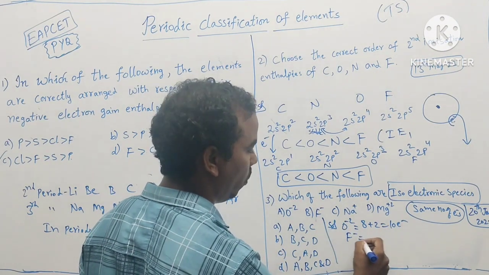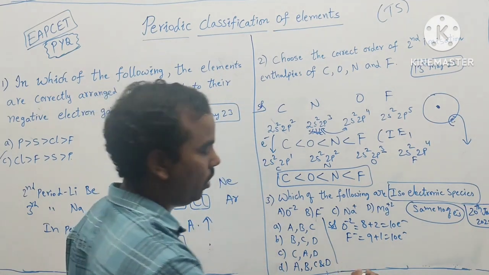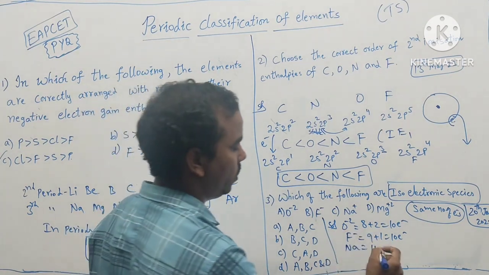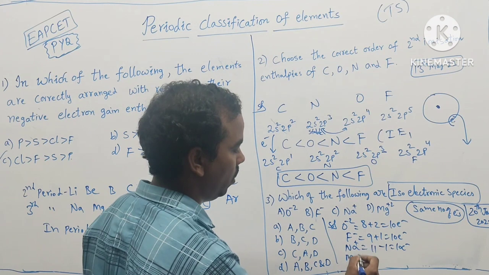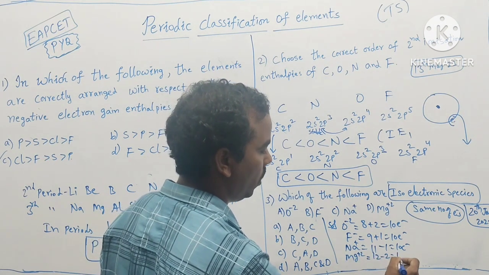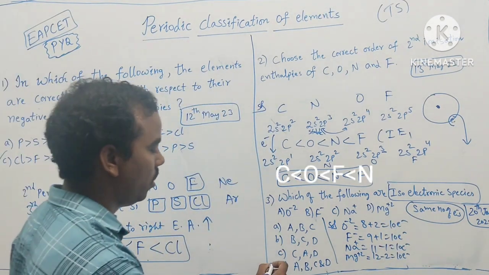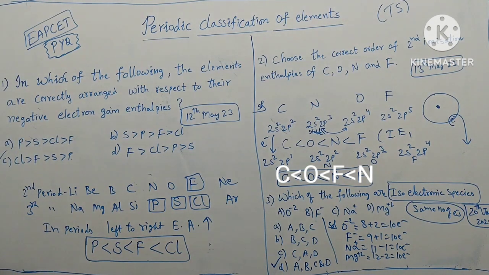F minus: fluorine 9 plus 1, 10 electrons. Next, sodium 11 minus 1, so 10 electrons. Next, Mg plus 2: plus 2 means 12 minus 2, so 10 electrons. So all have the same number of electrons. So the answer is A, B, C and D.